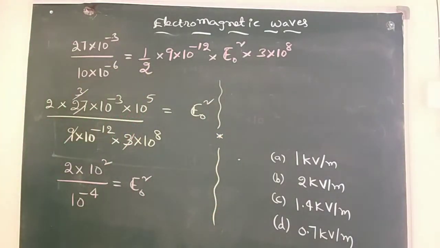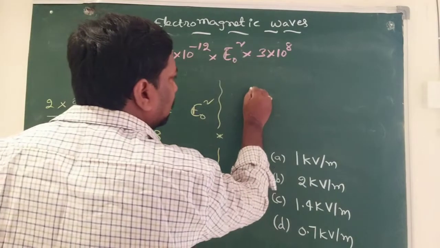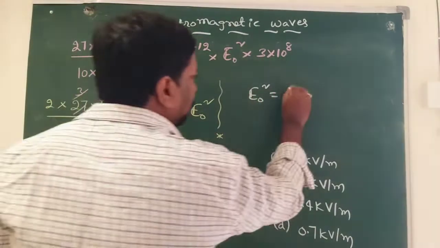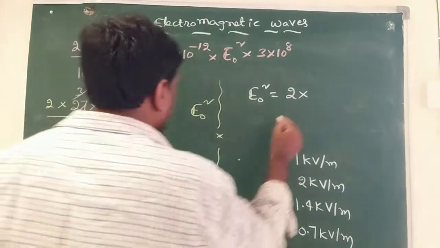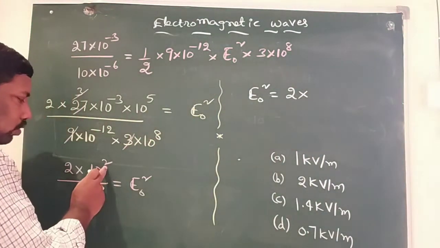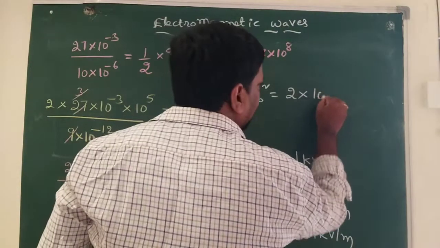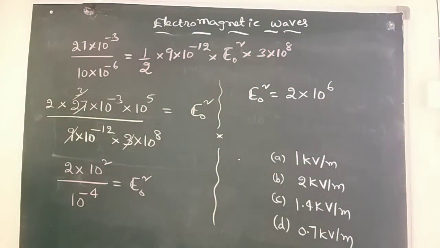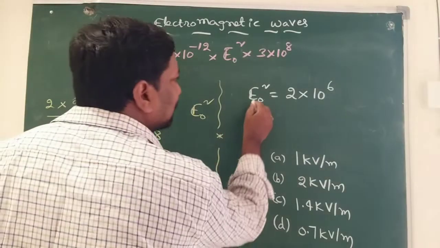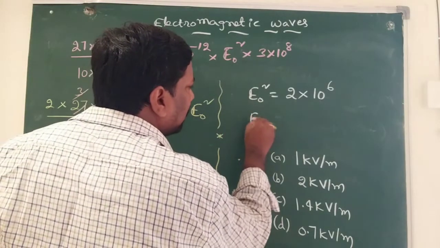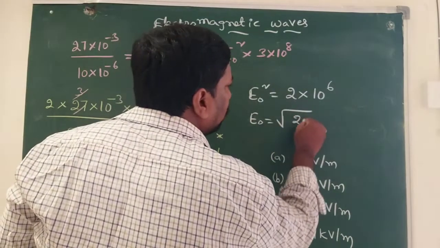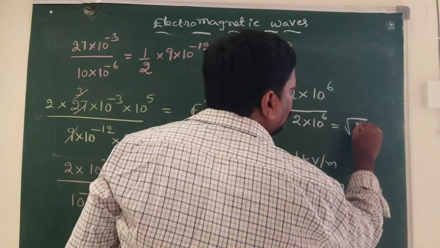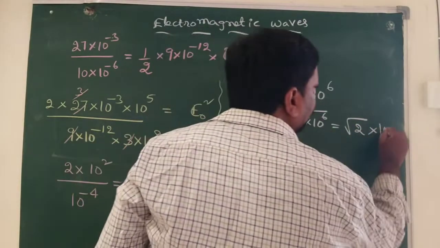So E naught square is equal to 2 into 10 power minus 4 shifted to the numerator, that is 10 power 6. So E naught equals root over 2 into 10 power 6, that means root 2 into 10 power 3.